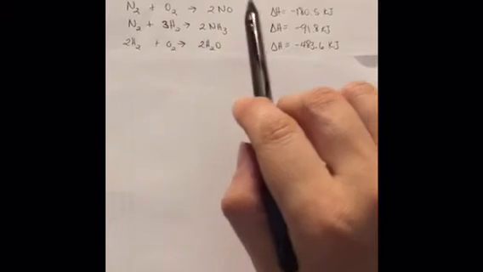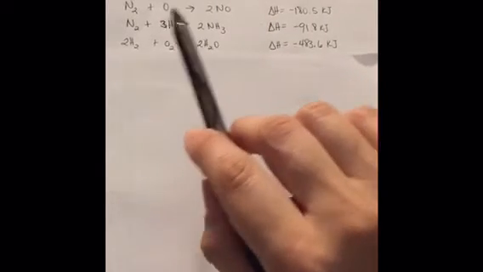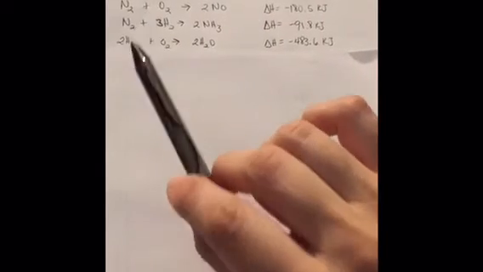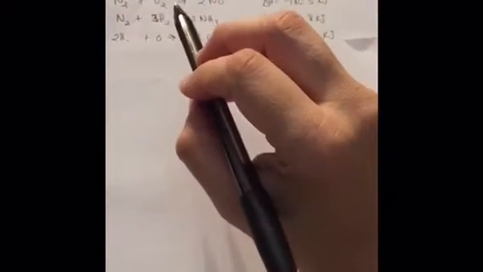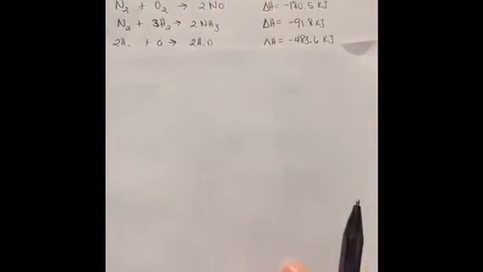Because sometimes I can go directly to these products. Sometimes I've got to do other reactions to get to the products. So I can manipulate this to where if I know what energy these three reactions give off, I can calculate how much energy the top reaction should give off without having to actually go into the lab. All right, so it's really easy.